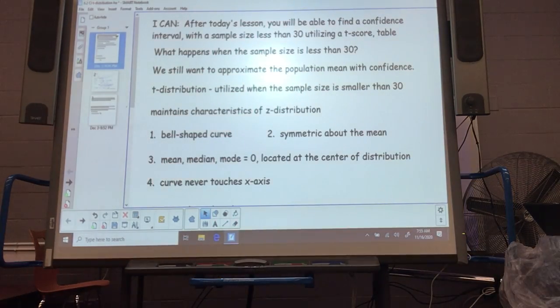All these characteristics are characteristics of a Z distribution, and the T distribution will maintain these same things. Bell-shaped curve. Symmetric about the mean. Mean, median, mode equals 0, located at the center of the distribution. Curve never touches the x-axis, the horizontal axis. You're asymptotic there. Those things will maintain the same with the T distribution.